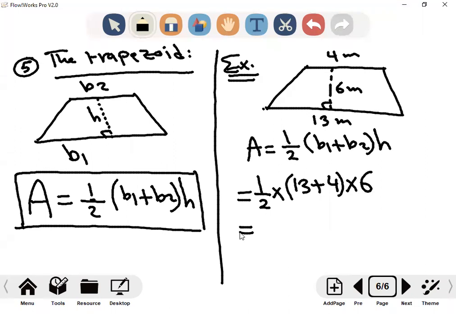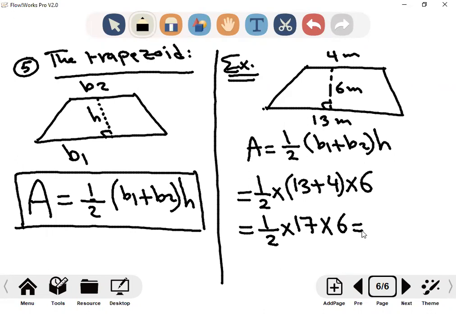First we do the parentheses, right? Half multiply 13 plus 4, 17, multiply 6. Now half of 6, 3. We multiply 3 by 17, right?